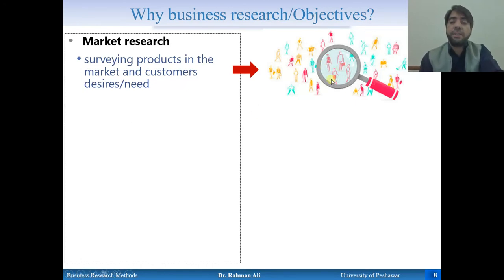So market research means that you go into the market and look at what people buy, what they like, and what they want to have in the product which is not yet there. All these kinds of activity can only be determined and identified when you have business research in the form of market research.